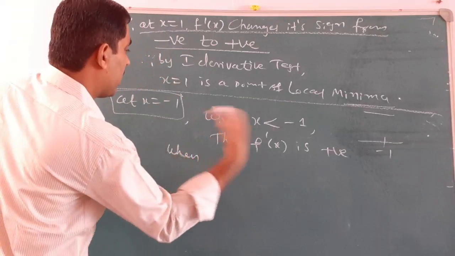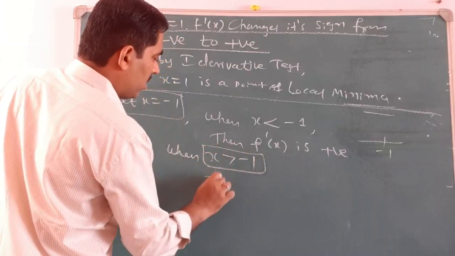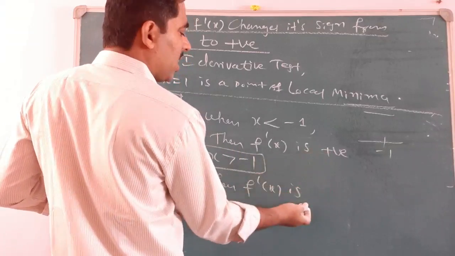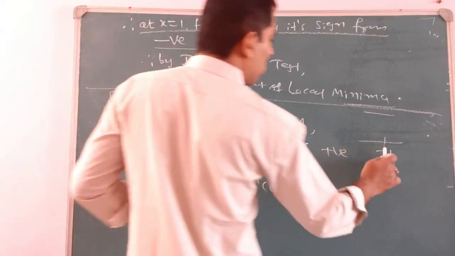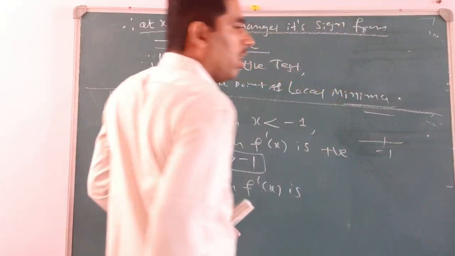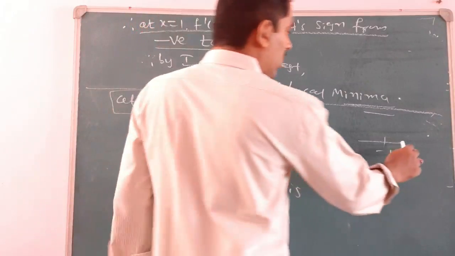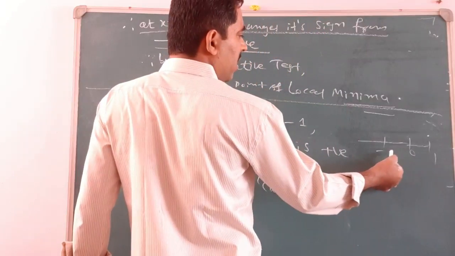Then let us consider the right side. When x is greater than -1, the sign of the derivative: if it is positive on the left, on the right it will be negative only. We did not check that yet. Greater than -1 means we have to move to the right side of -1, say 0 or 1.